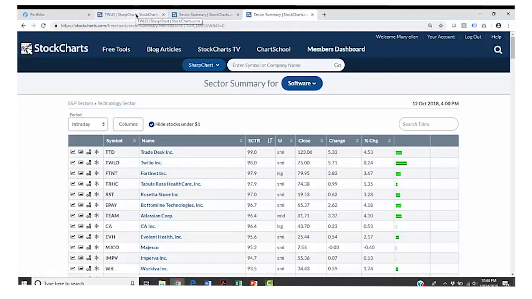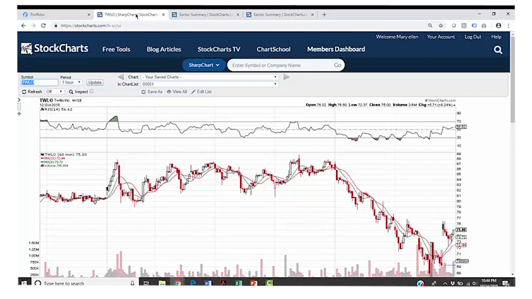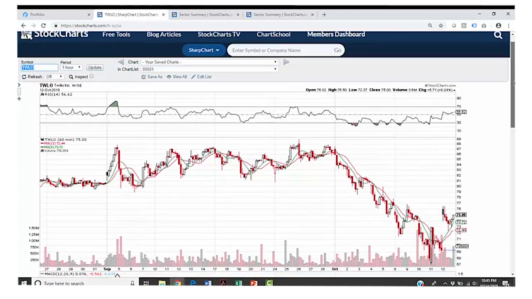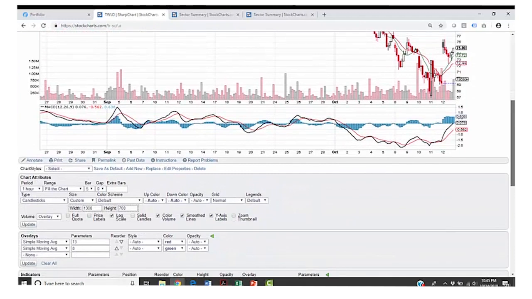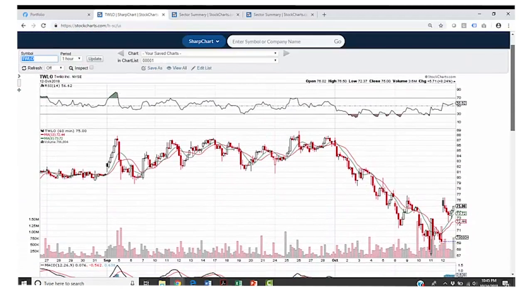So what I've done from there is gone ahead and put up a 1 hour chart. This is a shorter term time frame, so we are going to use a shorter term chart, and then from there I've overlaid 2 simple moving averages, the 8 and the 13.